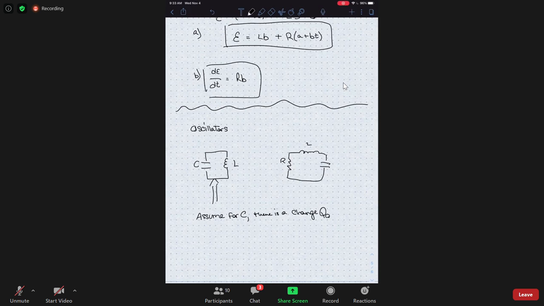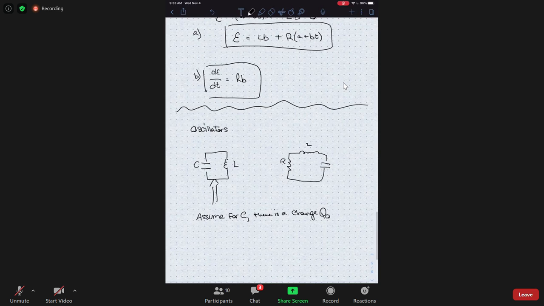You can also think about this in terms of an energy perspective, right? So you know that for a capacitor, there's energy stored in that capacitor. This you've probably seen as 1/2 CV squared, where V is the voltage across that capacitor.